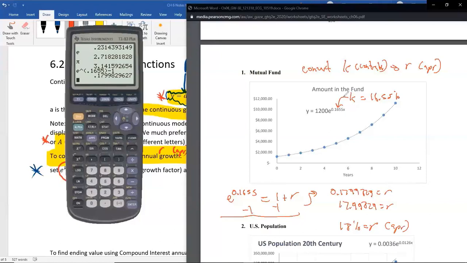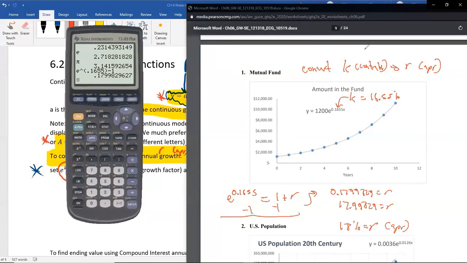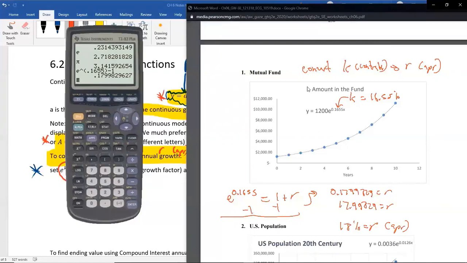Now, in this example, we started with the continuous rate, and we found the annual rate. We can't go backwards. I cannot give you the annual rate and have you find the continuous rate, because it uses some math that we're not going to do. And again, yes, the 18% here, we call it the r, which is the APR, but it is also the APY.